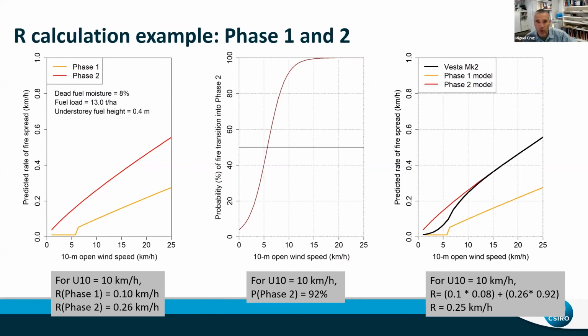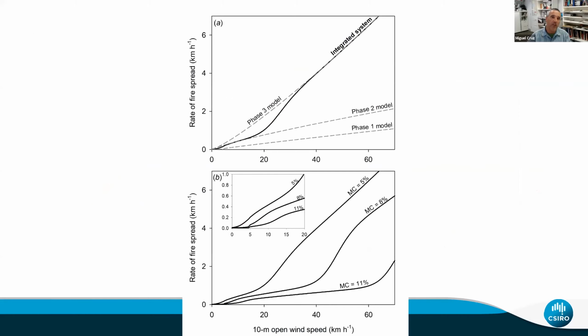And you have 0.26 km/h times 0.92, and then get the end result of the weighted rates of spread, right? The model system is done in a way where this is just automatic, and in fact, it takes into account 3 phases. And this graph on the top just shows that over the full spectrum of wind speeds, you have the 3 curves of each phase, but then you have the integrated system with averaging of the rate of spread.